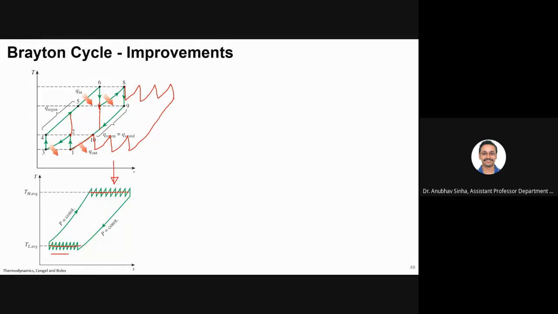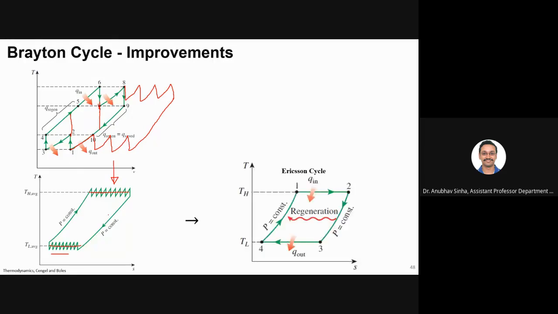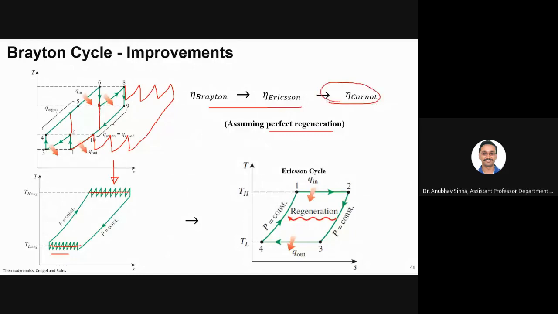Your cycle will approach the Ericsson cycle. This is exactly what we are doing in the Ericsson cycle: constant temperature heat addition and heat rejection, right? If we assume that the regeneration is perfect, by increasing the number of stages of reheat and intercooling, we are approaching Ericsson cycle efficiency, which is equal to Carnot cycle efficiency.